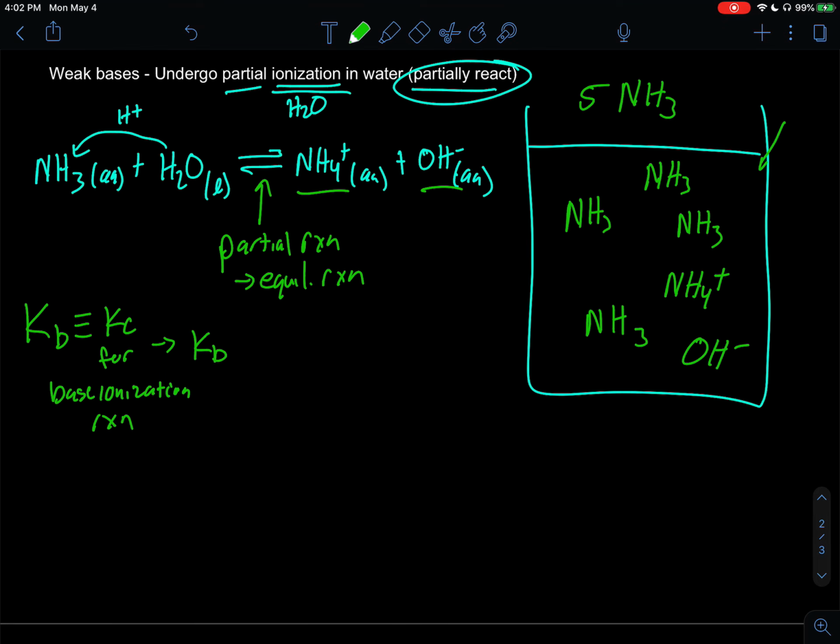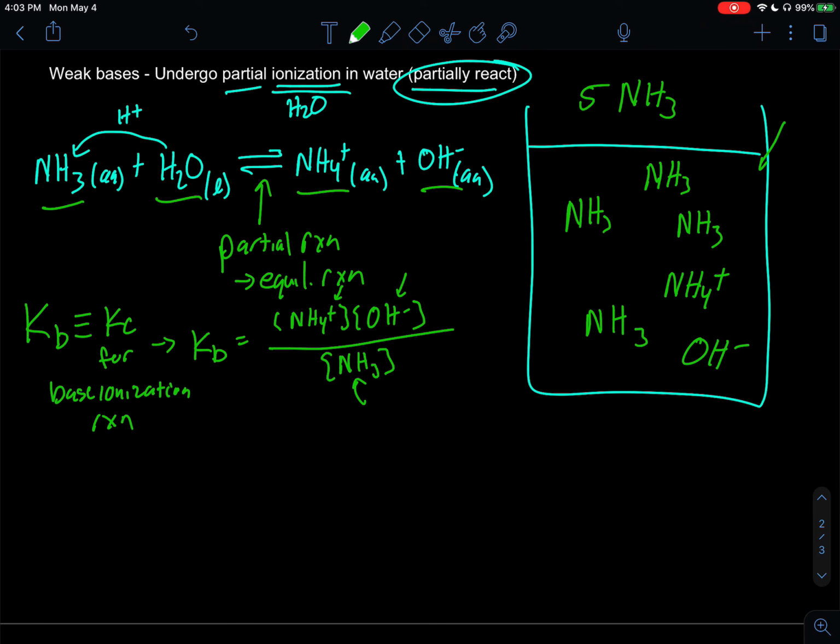Here we have a base reacting with water, undergoing this base ionization reaction. This would be equal to NH4 plus times OH minus divided by our NH3 concentration. So now we have the ability to relate our equilibrium constant to the concentration of ammonium and hydroxide that we'd be forming in our reaction relative to the original.